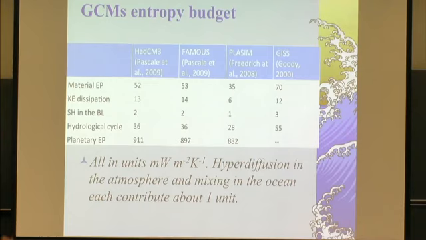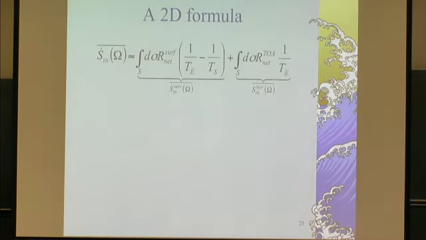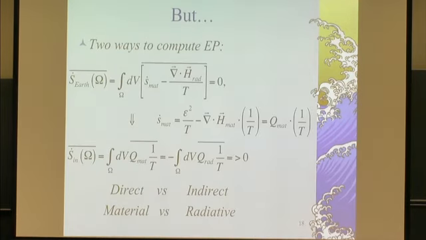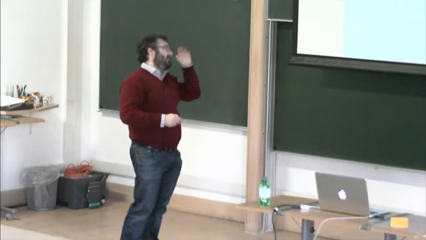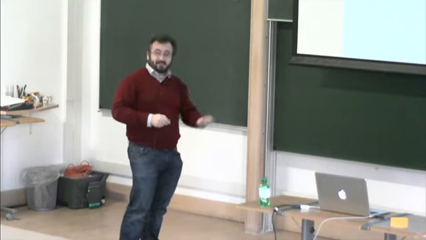Okay, now you can start from this formula, and remember, I have only radiation here. So if I do some approximation, I know that most of the shortwave radiation is absorbed at the surface, so the atmosphere is, to a very good approximation, transparent.